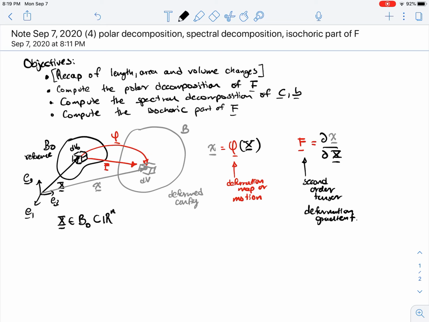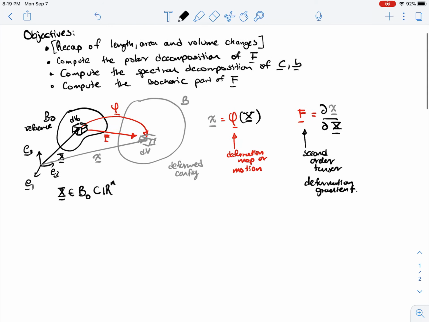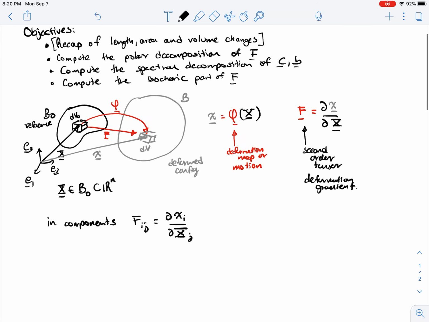And as I said, this deformation gradient has the information about how the neighborhood of X, this cube that I drew here, gets mapped to this other cube in the neighborhood of lowercase x. We said that in components, in this basis, Fij equals the partial derivative of little xi with respect to capital Xj.